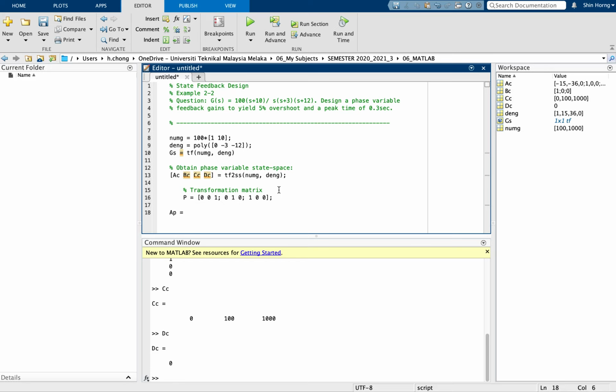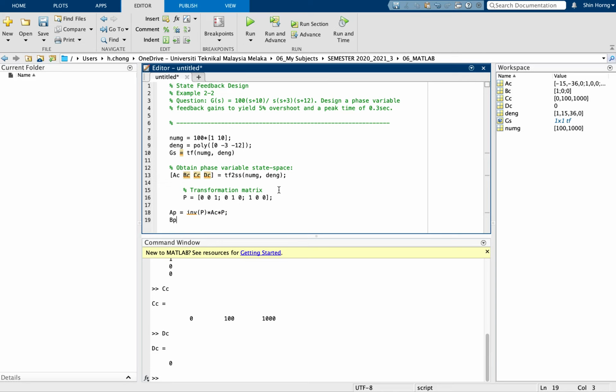AP equals, we invert this transformation matrix, for the controller canonical to phase variable form. I will do the A first, and the equation is inverse of P multiplied by my AC and then multiplied by my P. This is the formula you can easily get from the textbook.